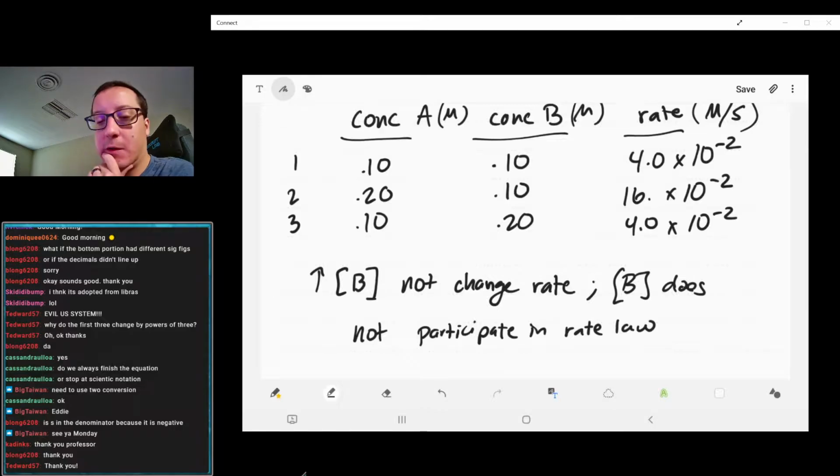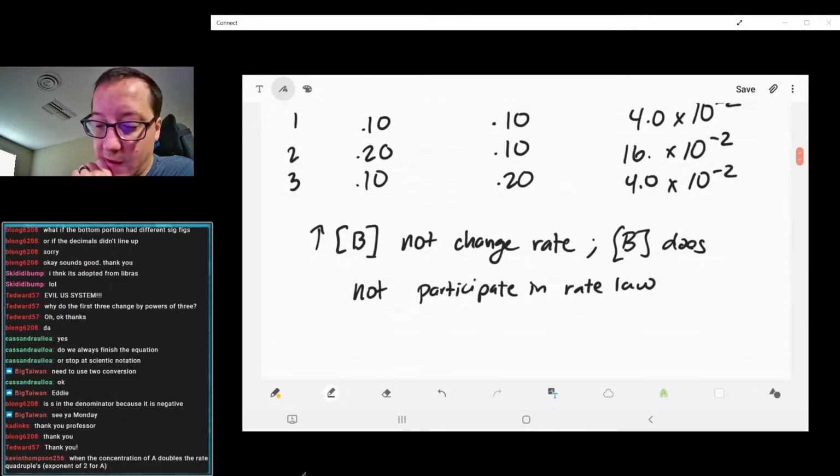All right. However, we can see that there is a difference between the first two reaction conditions, right? We see that when we have doubled the concentration of A, we've gone from 0.10 to 0.20, we have quadrupled our rate, right? We can see that there as well.